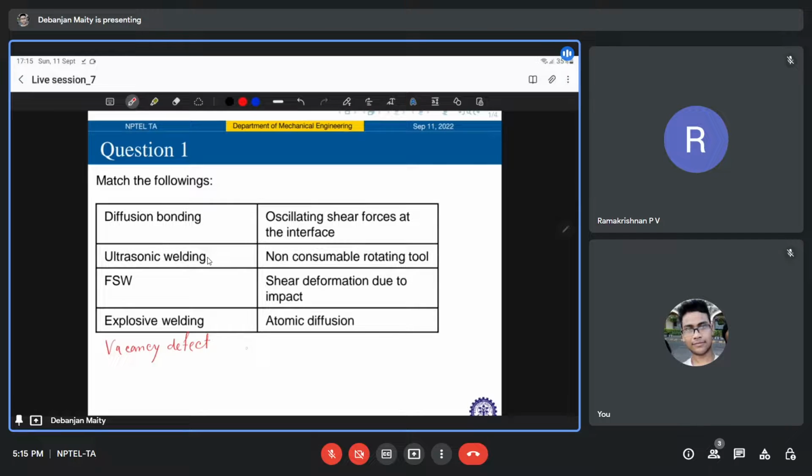If you want to diffuse any material, say this is copper and this is aluminum, and you want to diffuse copper into aluminum or aluminum into copper, to have some interdiffusion, this happens because of what's called vacancy induced diffusion.